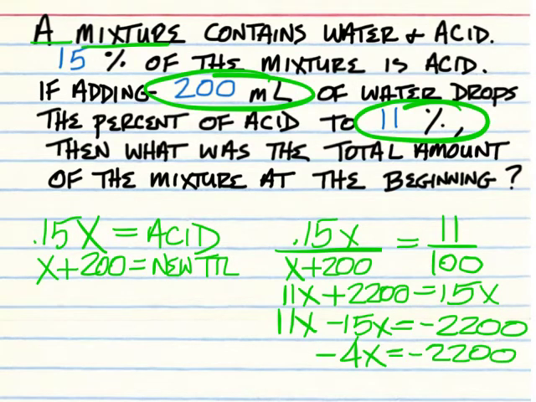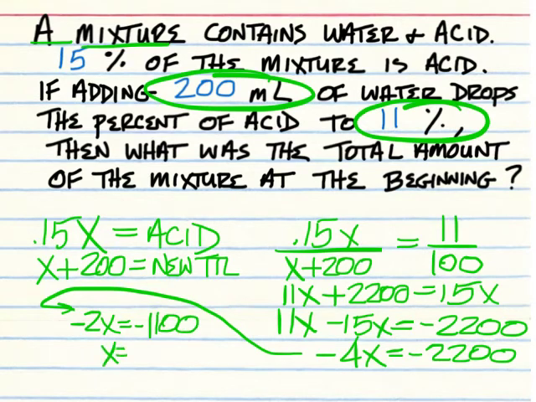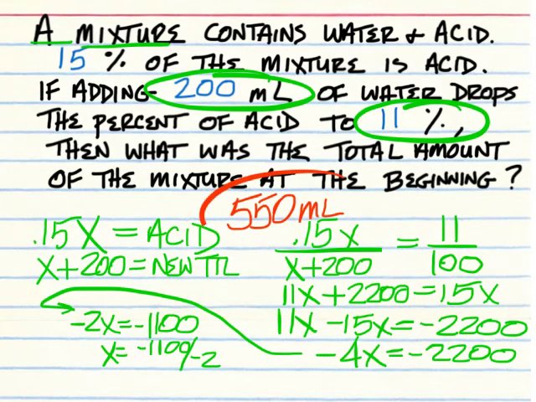You can simplify it a little bit and make it a negative 2x equals a negative 1100, and then divide that. And you should come out with a final answer, which I have no room to write. 550 milliliters.